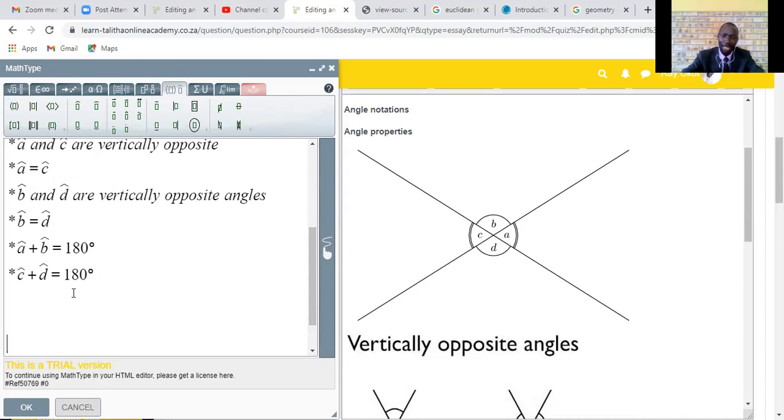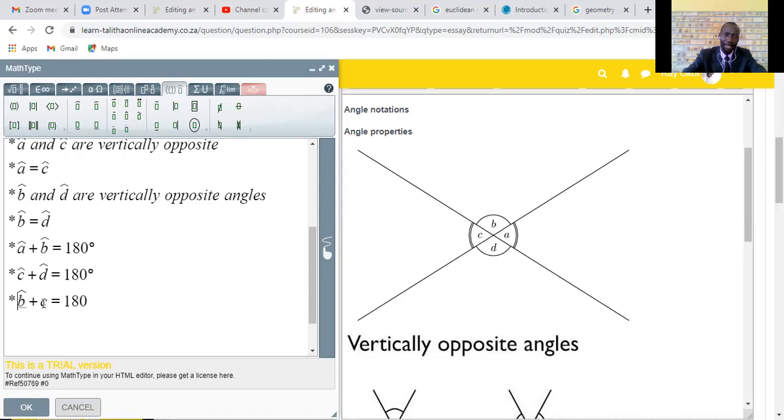Angle B and angle C, which are two angles on this straight line, also add up to 180 degrees. And so because of that, as the next point, angle B added to angle C should give us 180 degrees. Okay, so there we go.